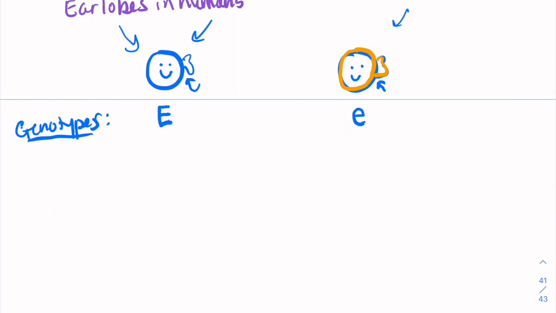Your earlobe is attached at some point. But people with dangly earlobes could be homozygous dominant, right? Or they could be heterozygous, because this dominant earlobe allele completely dominates and hides expression of the recessive. But the attached earlobe, the earlobe that I have, there's only one possibility there. It's got to be homozygous recessive.